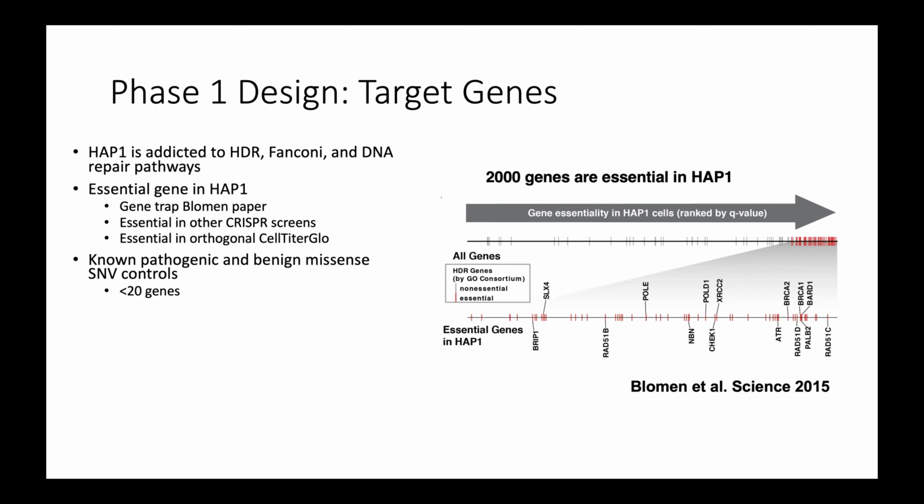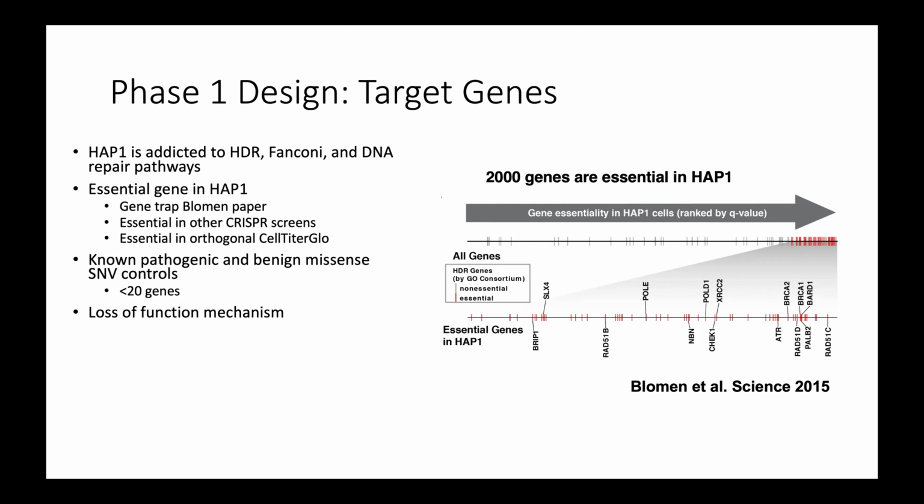And this is robust as judged by the cutoff set by the ACMG. However, it's indicative of a bigger problem: if you just stick to genes where you have these missense SNV controls, you're not going to be able to assess many genes in general. So you kind of have to use internal controls, which I'll talk about later.